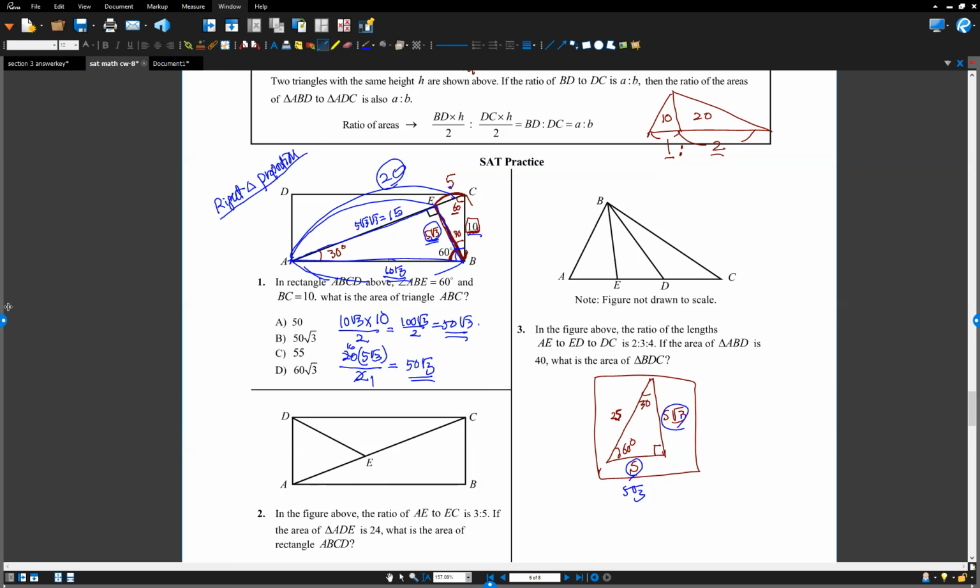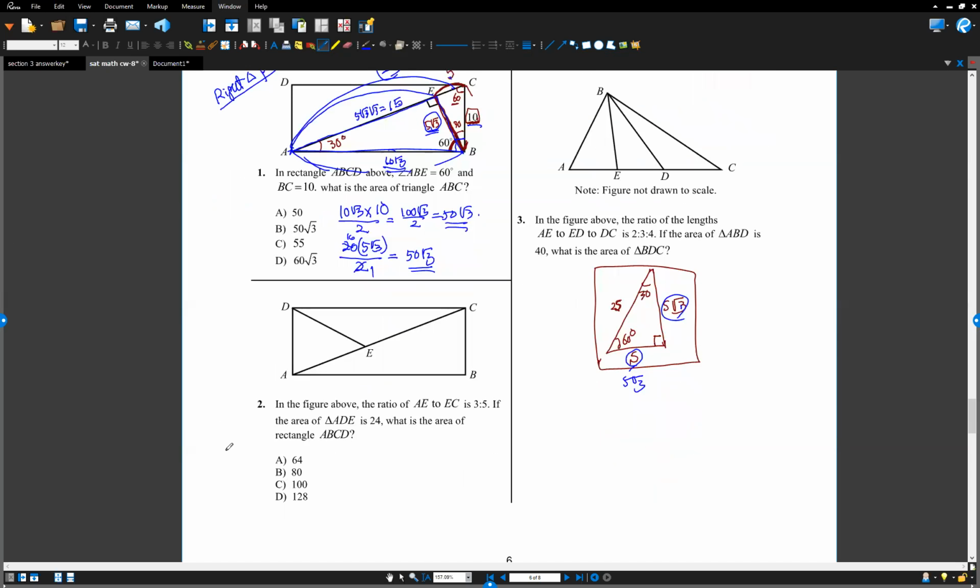Now the next one. These are the questions about this topic. The ratio of AE to EC is 3 to 5. The area of triangle ADE is 24.